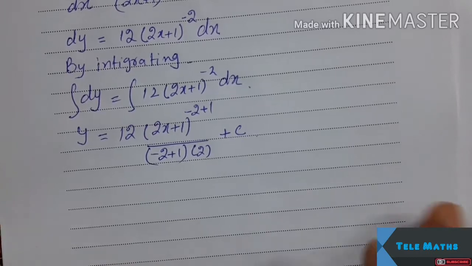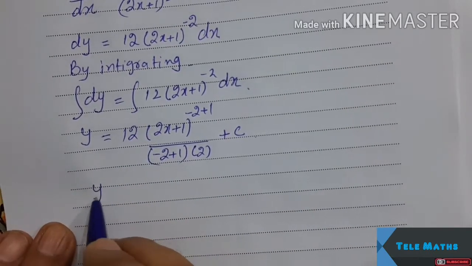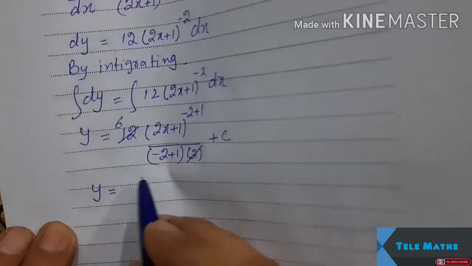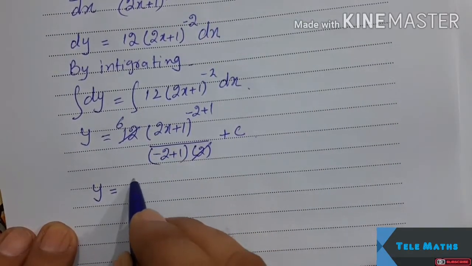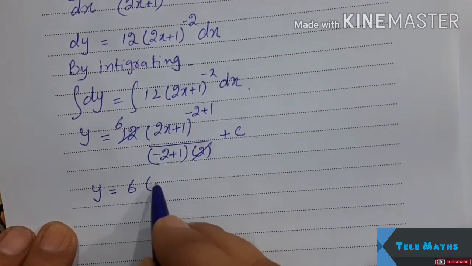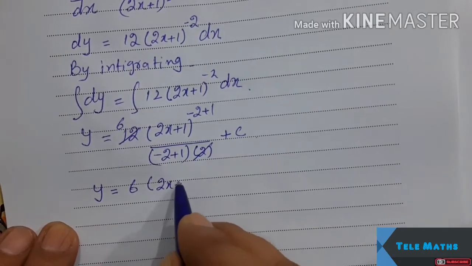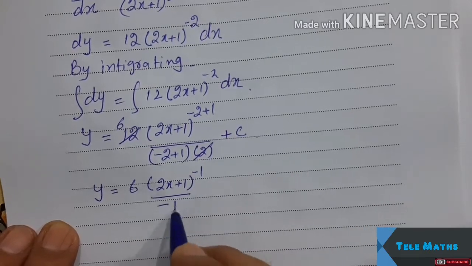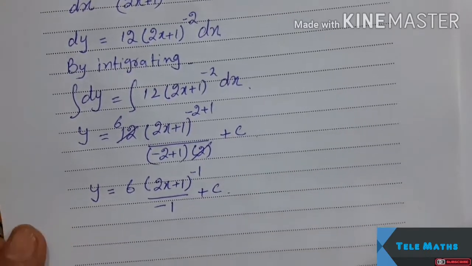Okay, now y is equal to, this 2 will cancel with 12 to give 6, so this will be 6 into (2x plus 1) raised to power minus 1 over minus 1, plus c.